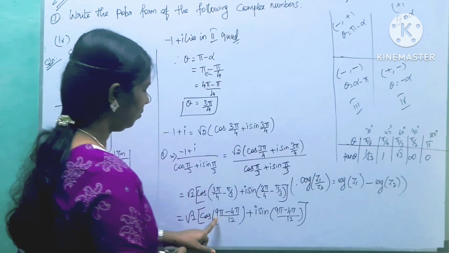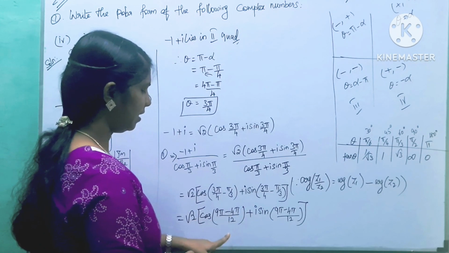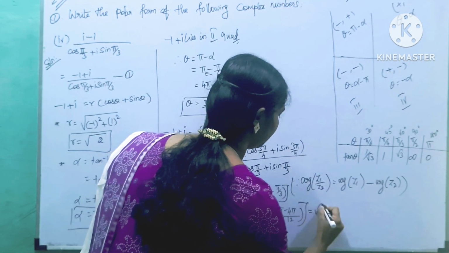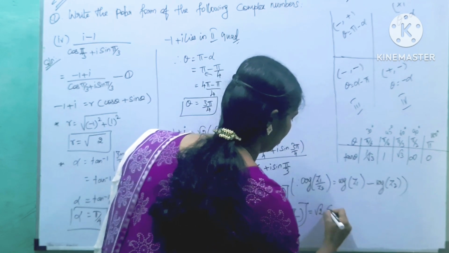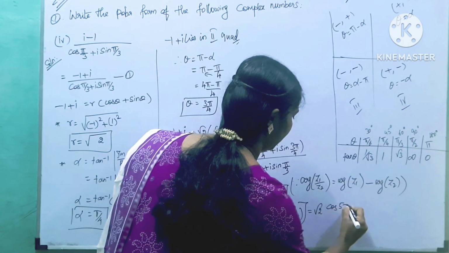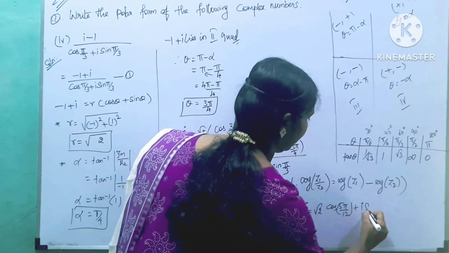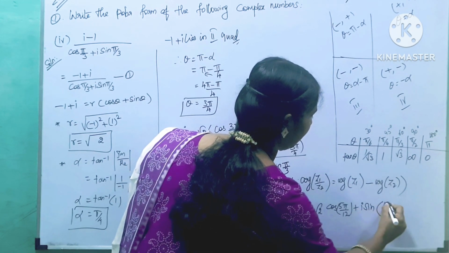So this is equal to 9 pi minus 4 pi is 5 pi. So this is equal to root 2 into cos 5 pi by 12 plus I sin 5 pi by 12.